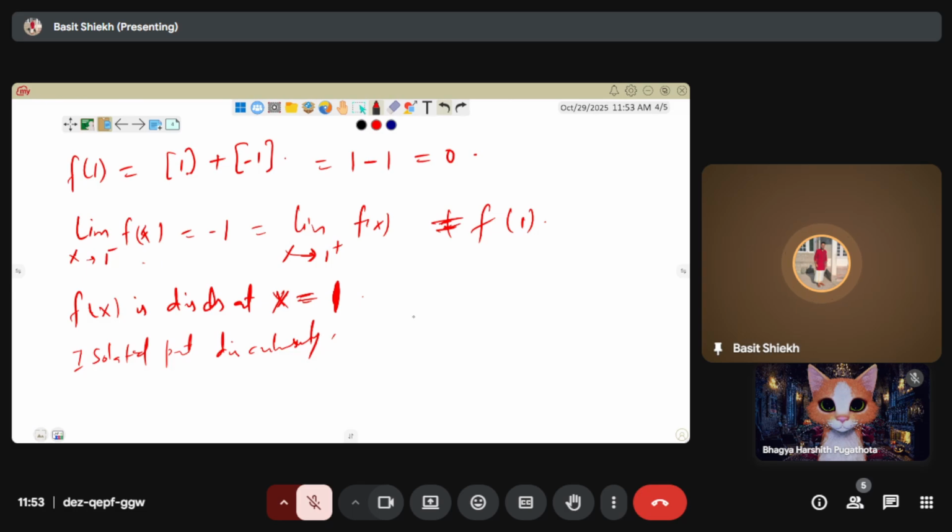So we can also redefine this function f of x as mod x plus f of x for x not equal to 1, and minus 1 when x equals 1. Now this function becomes continuous. Is this clear?